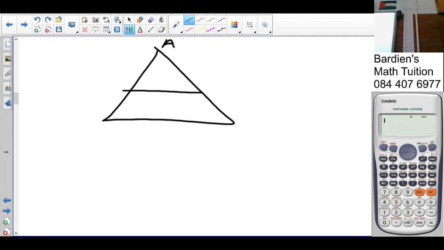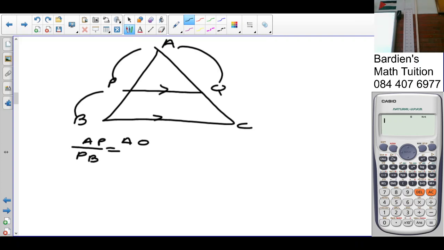So you got here triangle ABC, and let's call this PQ. The theorem we proved yesterday was if PQ is parallel to BC, then we proved that AP over PB is equal to AQ over QC.